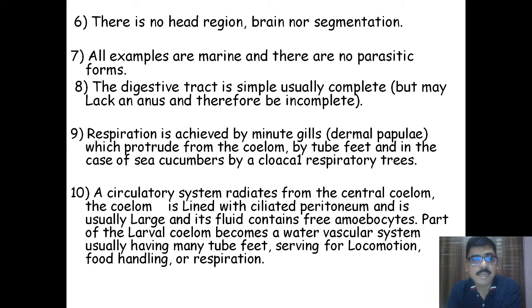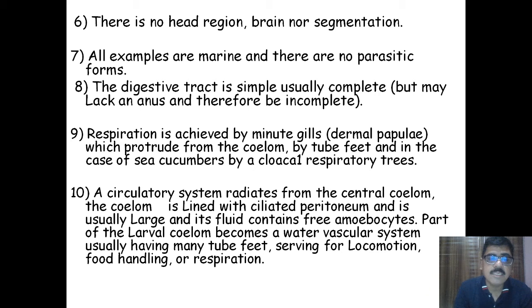All the echinoderms are marine and there are no parasitic forms. Means all the echinoderms are seen in marine water or sea water, not in ponds or lakes or fresh water, and there are no parasitic forms.